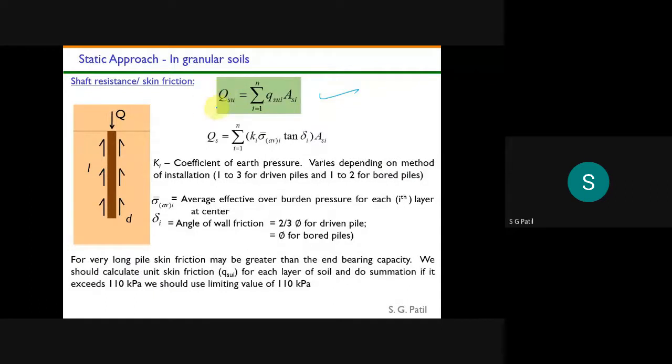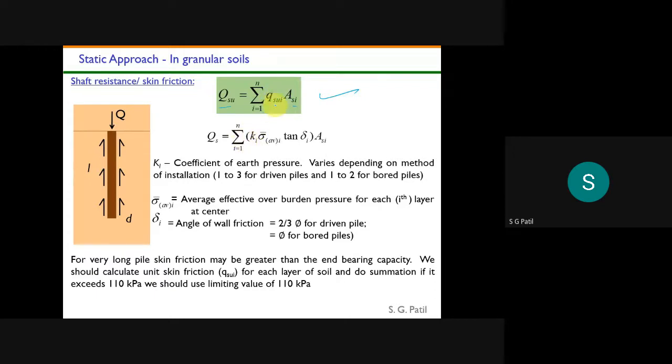QSU, the ultimate shaft resistance, is equal to summation i equal to 1 to n, where n is the number of layers, of small q SUi into ASi. ASi is the surface area of the pile, and qSUi is the intensity, the unit shaft resistance you can call it.